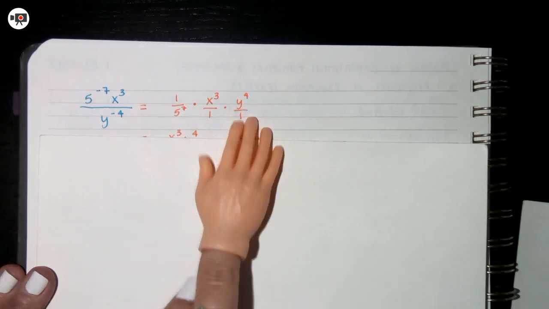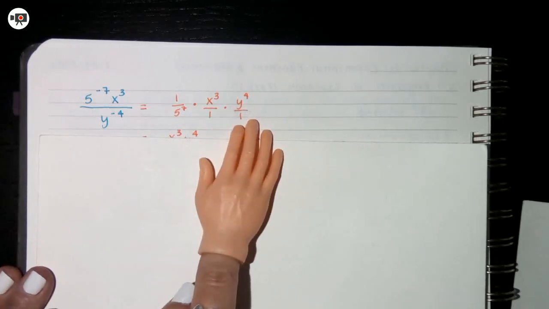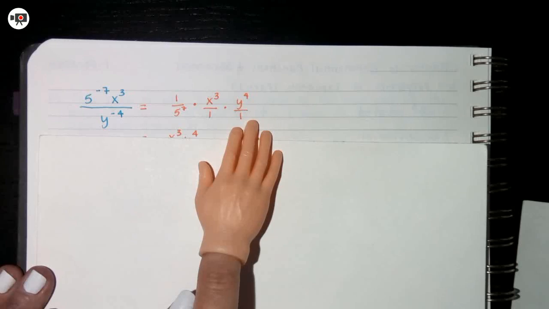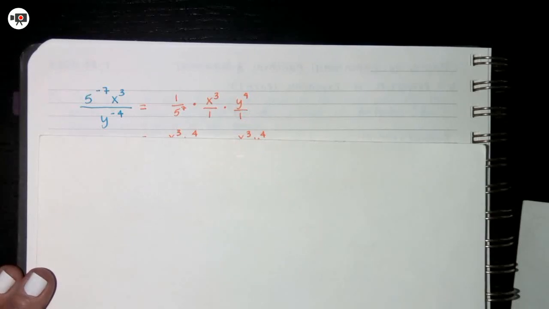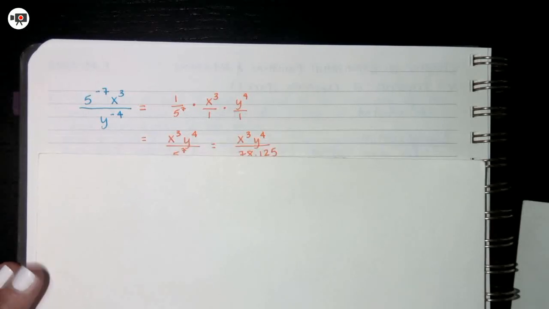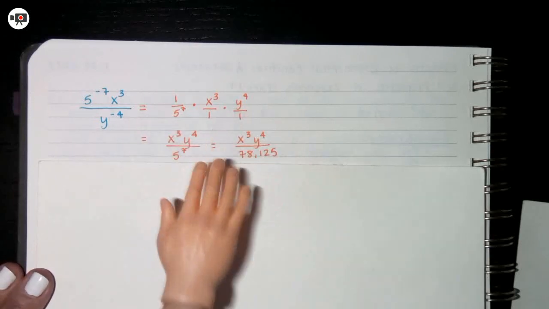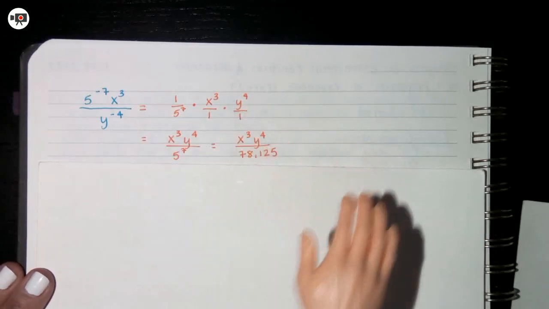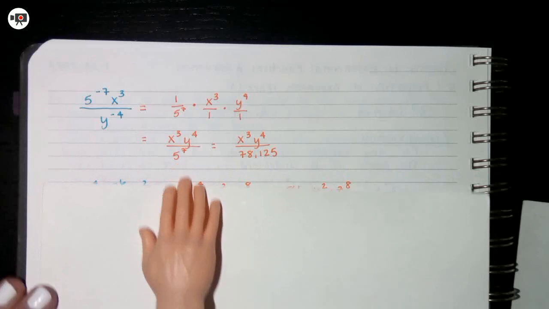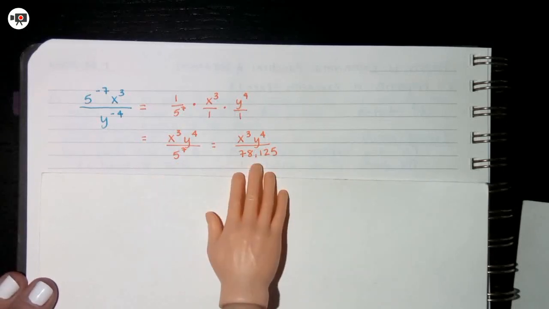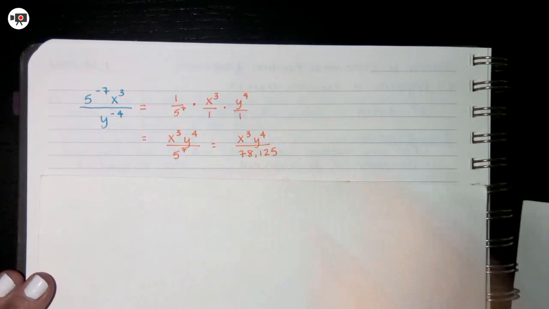Now I can write them out as 3 different fractions, and that just helps me keep track of everything, to know where they should be, to make sure that I am being clear and know what is negative, what is positive, where does it belong in the fraction. And now I can multiply straight across the top, straight across the bottom, and then I can simplify 5 to the 7th, which is 78,125.